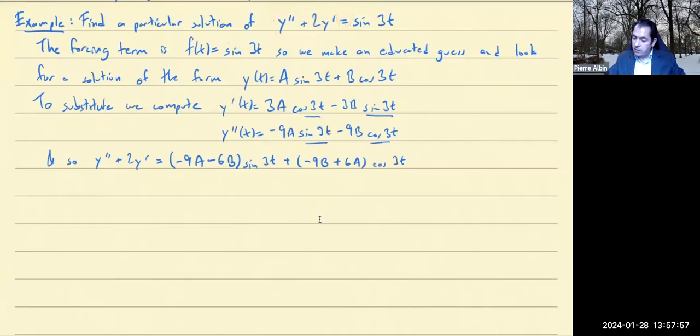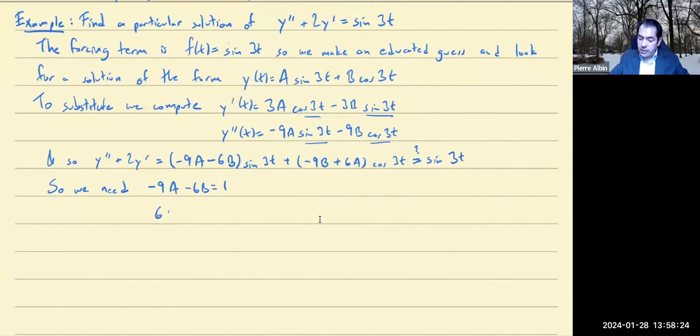And then I want that to be equal to sine of 3t. So now let's just compare coefficients, right? So we need minus 9a minus 6b to be equal to 1, and minus 9b. Actually, let me put these in the opposite order.